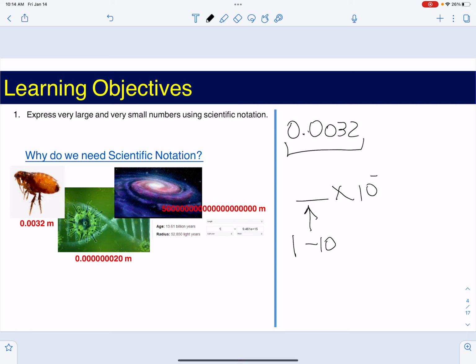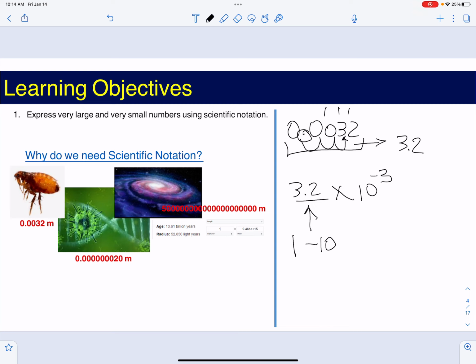So we're going to take the decimal point and we're going to move it until we make it look between 1 and 10. So when we go like this, it gives us 3.2. So that's between 1 and 10. And how many times did we move it? We moved it 1, 2, 3 times. So that's where the 3 goes. So that's how you write that number in scientific notation.